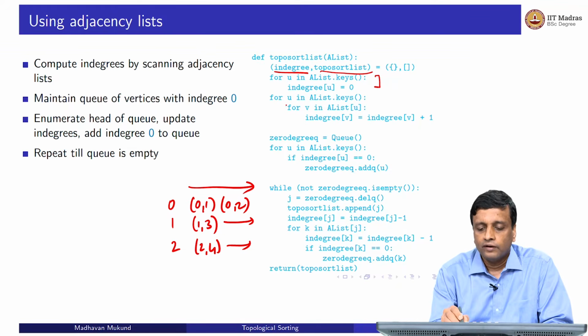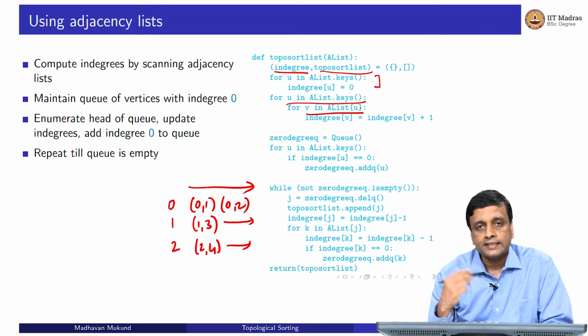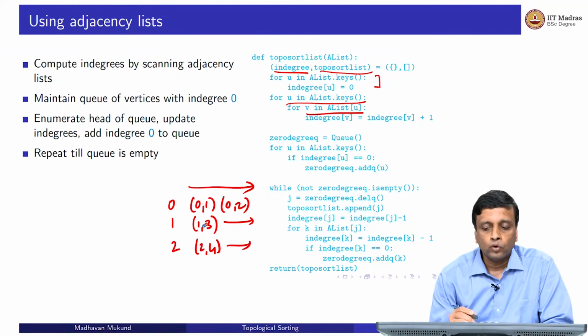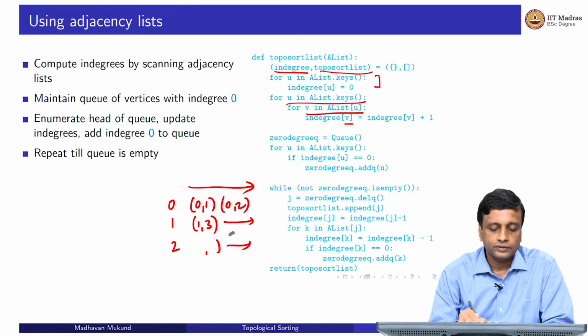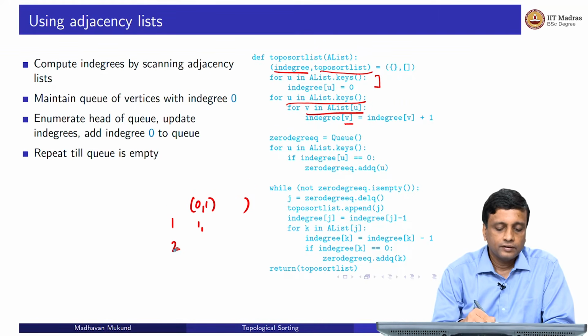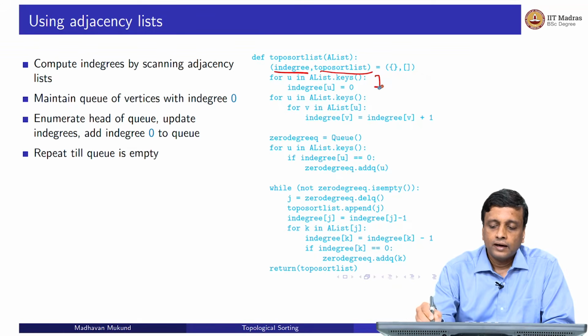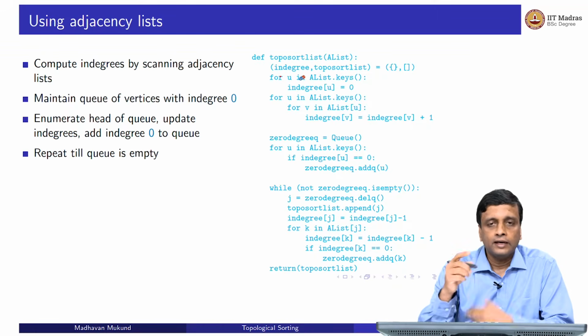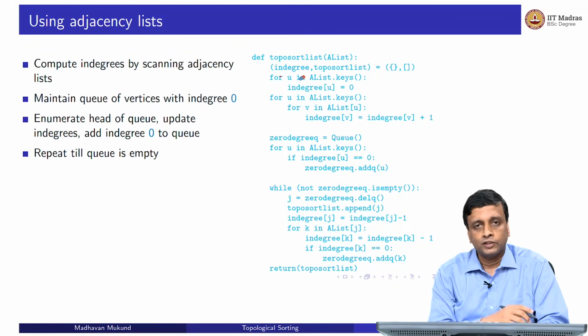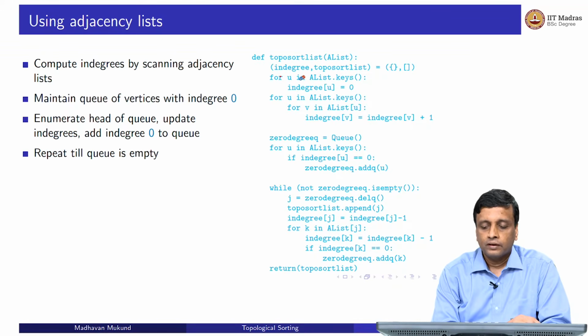So, for every vertex, every edge outgoing from there, I will take the in-degree of that vertex it is connected to and increment it, right. So, that is basically the way that this works. So, this now becomes an in-degree update, okay, which processes all the edges and not necessarily all the non-edges, which is the big advantage of working with adjacency lists.